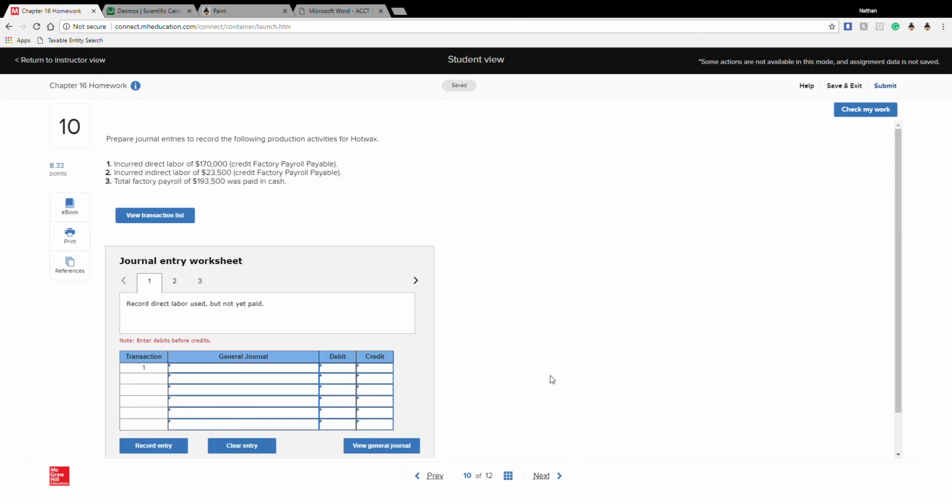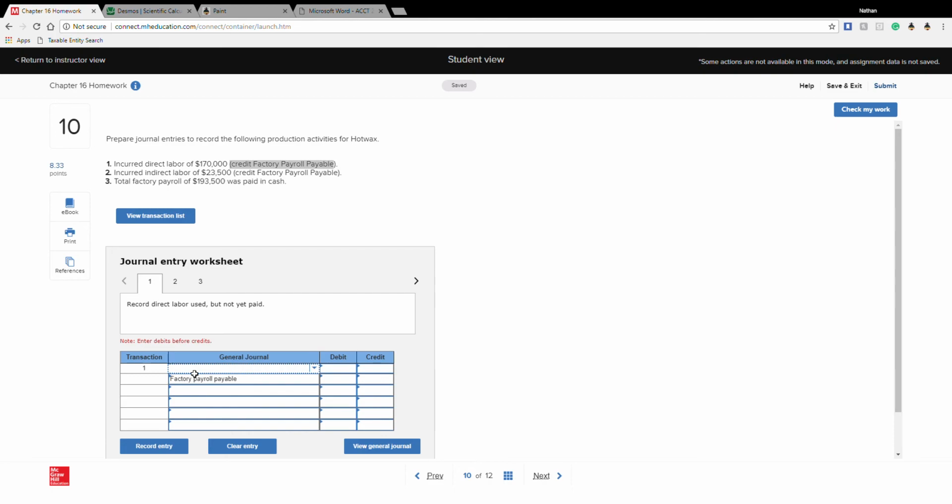So question 10. Question 10 now brings us 3 journal entries. 1. Direct labor used but not yet paid. And even here, it tells you which account to credit. So usually we always know to credit factory payroll when it's incurred. We haven't paid it yet. So incurred labor is always the payroll. Remember, it has to be factory, okay?